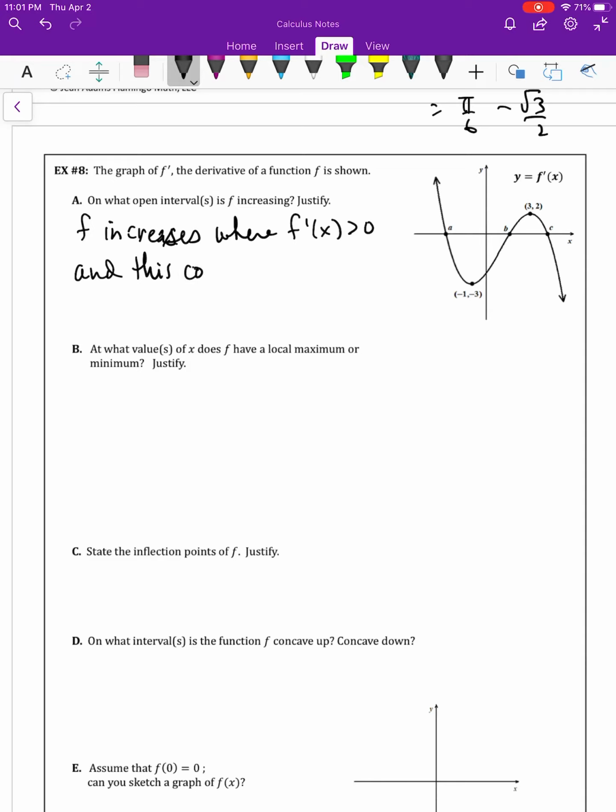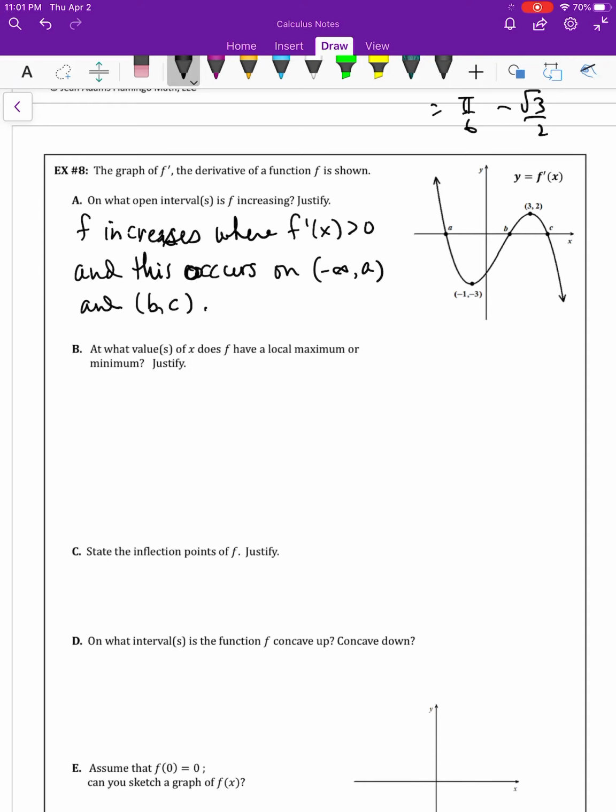And this occurs on negative infinity to a and b to c.